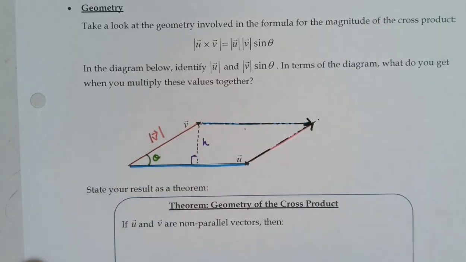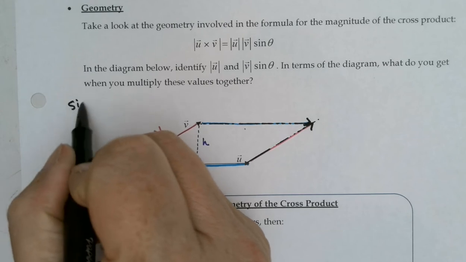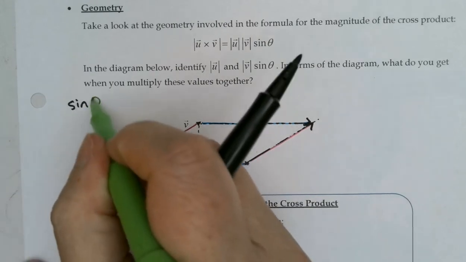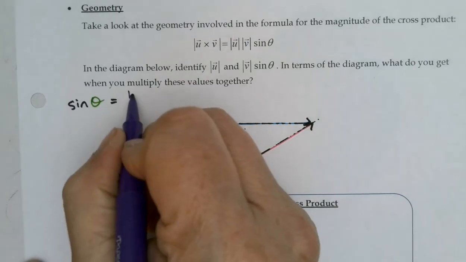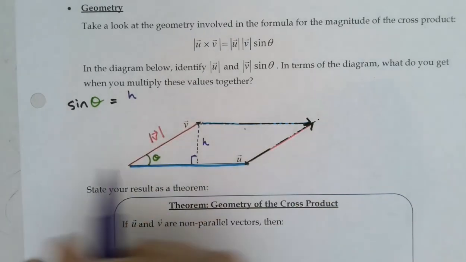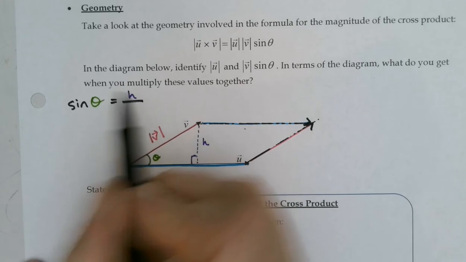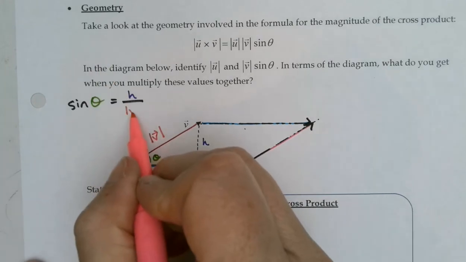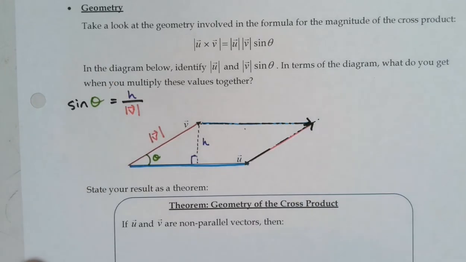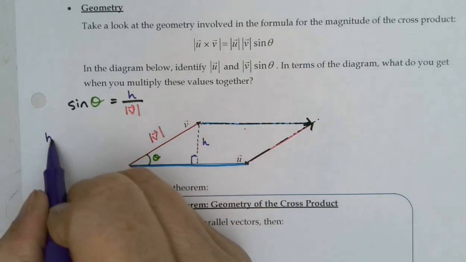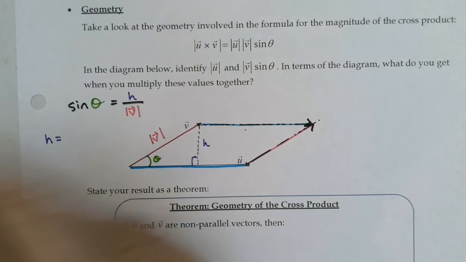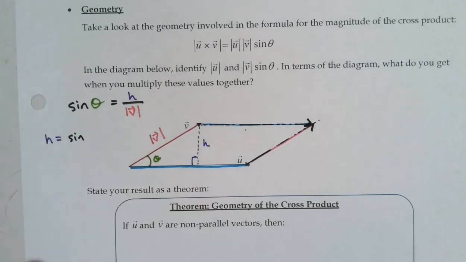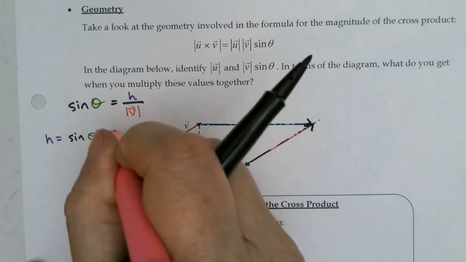So let me write that up. So the sine of theta is equal to the opposite, which is the height of the parallelogram, divided by the magnitude of v. Which means that the height of my parallelogram is equal to the sine of theta times the magnitude of v.